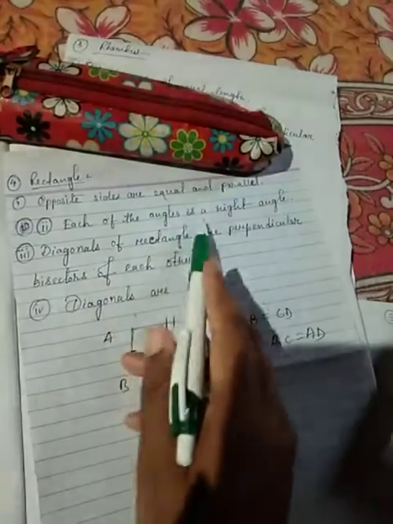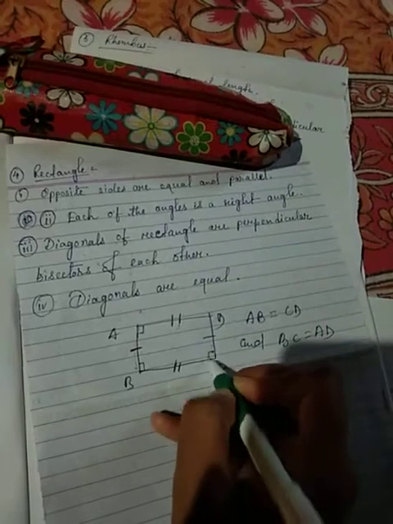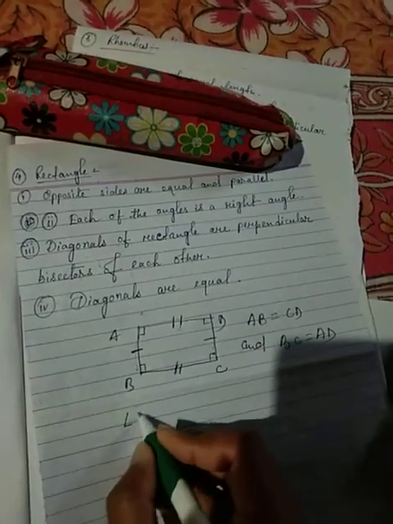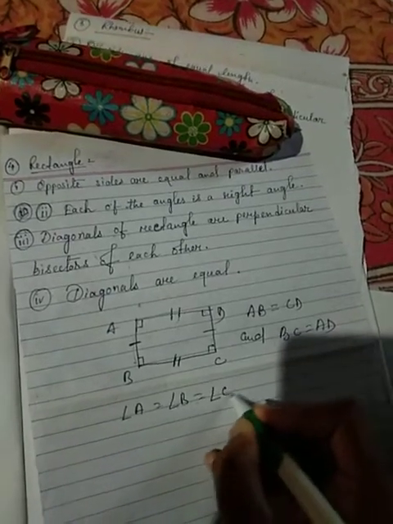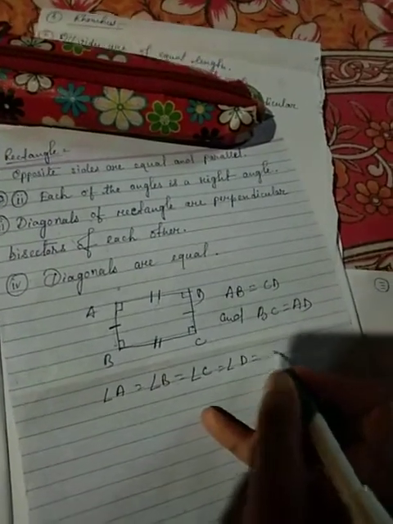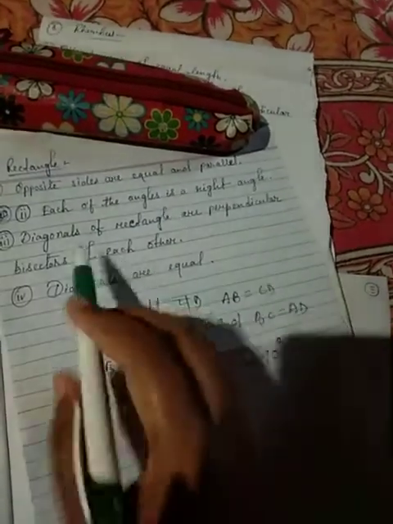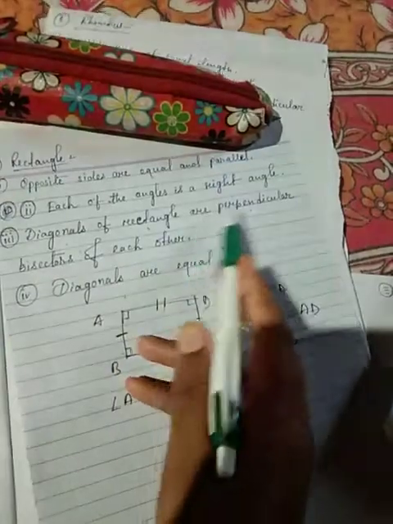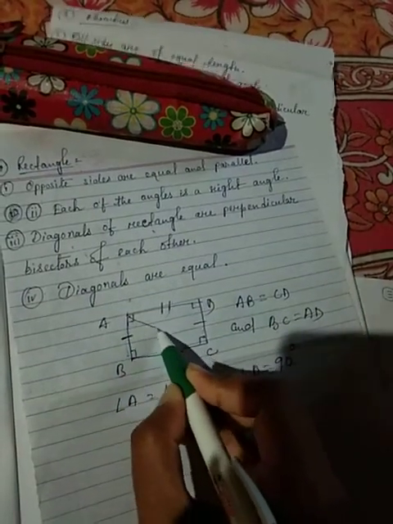Each of the angles is a right angle. They also form right angles. That means angle A equals angle B equals angle C equals angle D. All the angles are equal and also form right angles. Diagonals of a rectangle are perpendicular bisectors of each other. Now we draw diagonals.